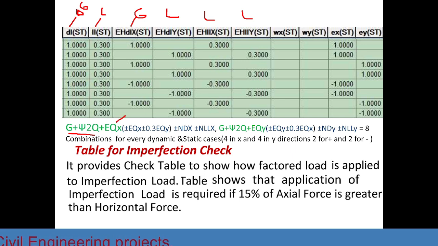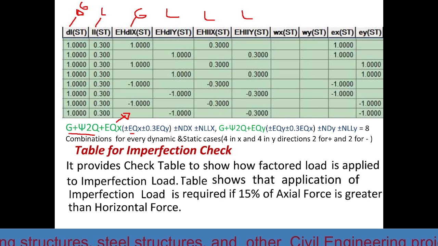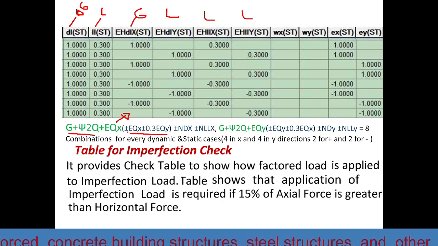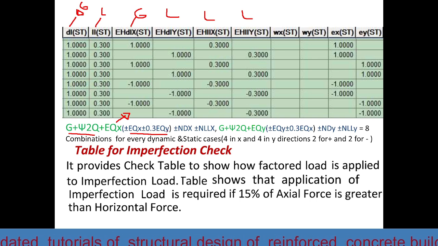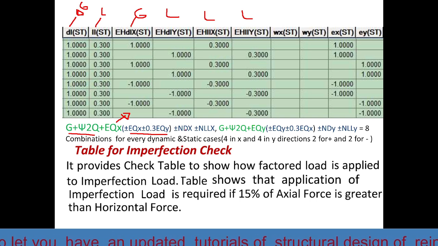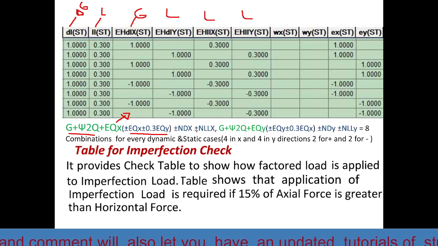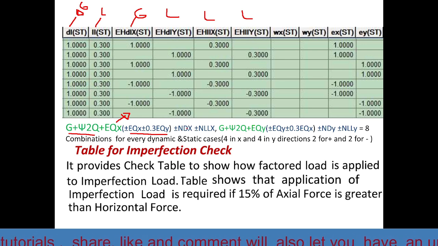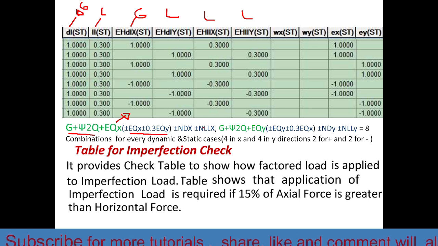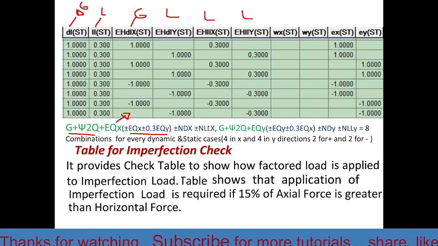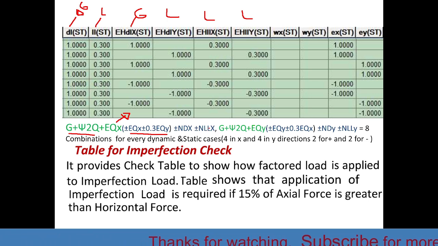That means this earthquake load in x direction is represented by this formula. That is plus or minus EQX plus or minus 0.3 EQY plus the notional load with reference to the dead load in x direction plus or minus the notional load with reference to the live load in x direction.